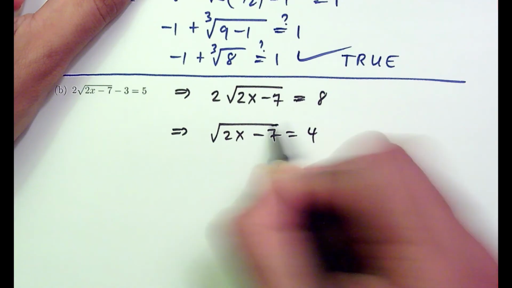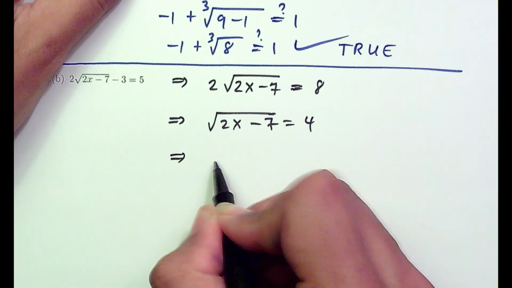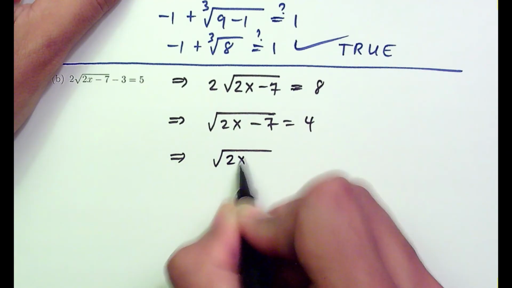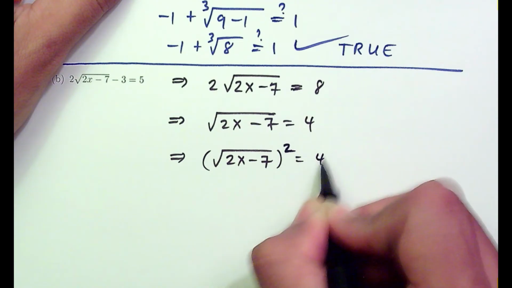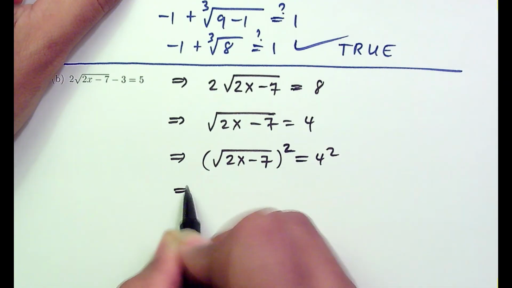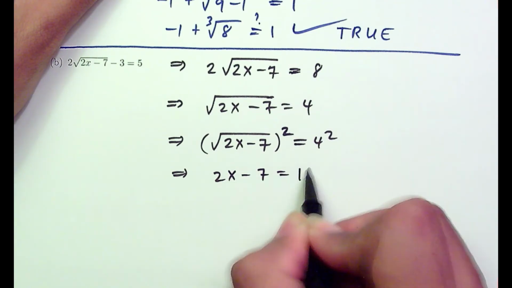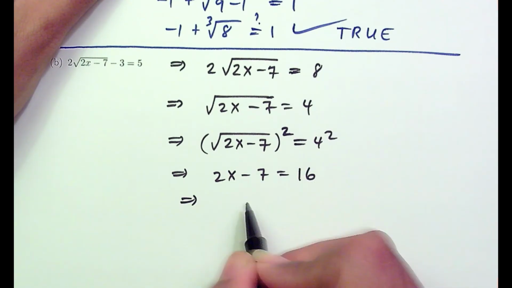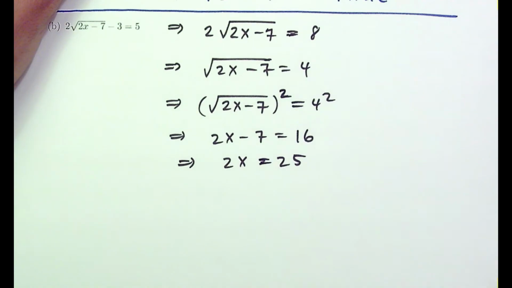Okay, so you have that. And now you square both sides of this equation. And that's going to give us 2x minus 7 equals 16. 16 plus 7 is 23.